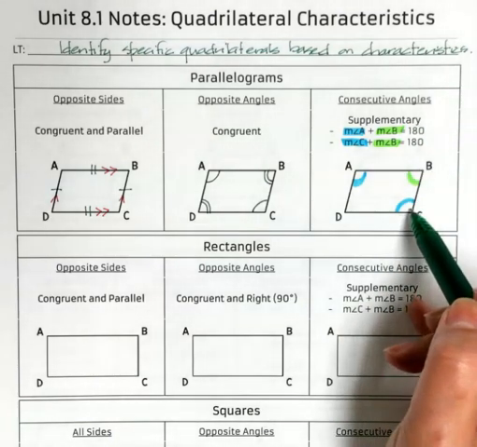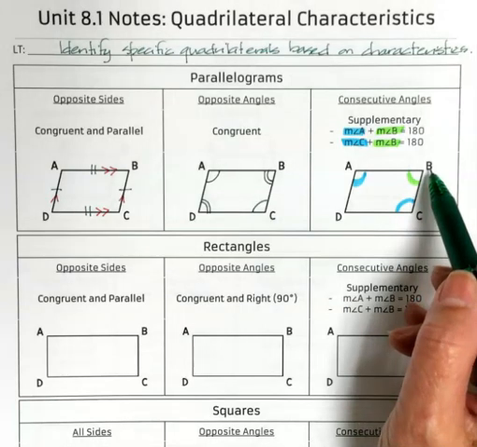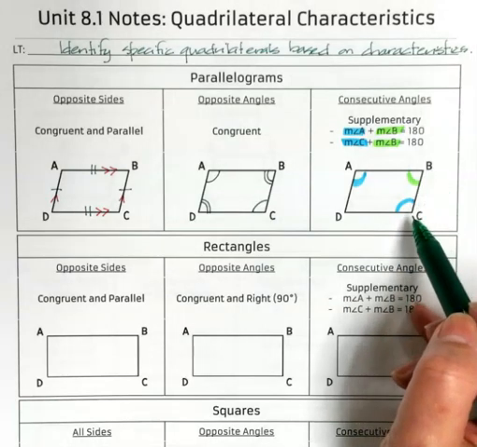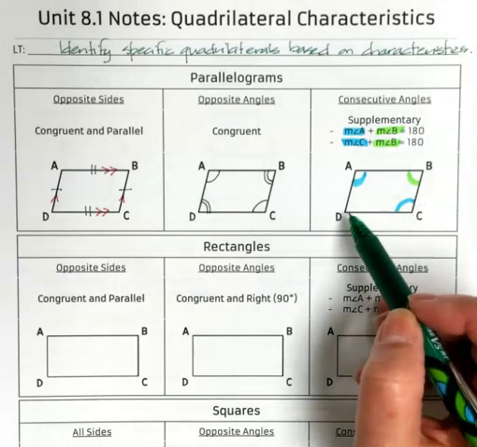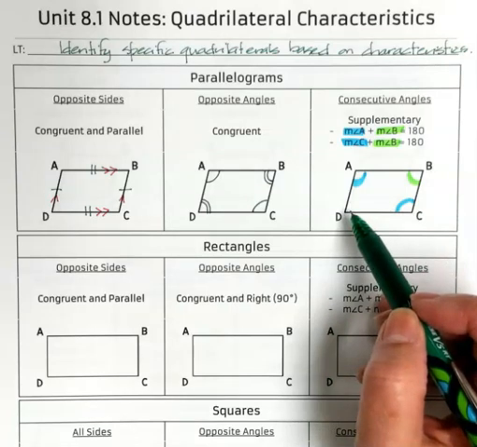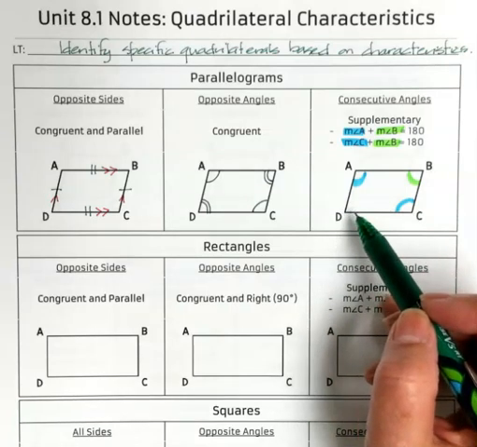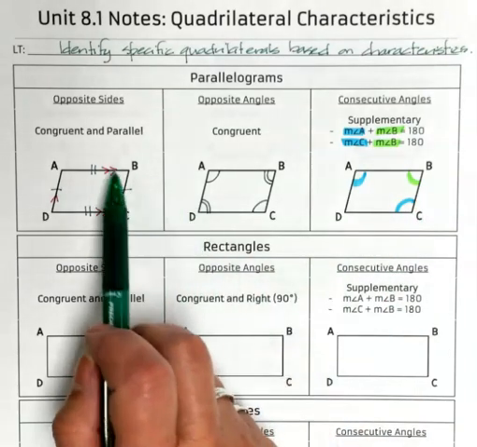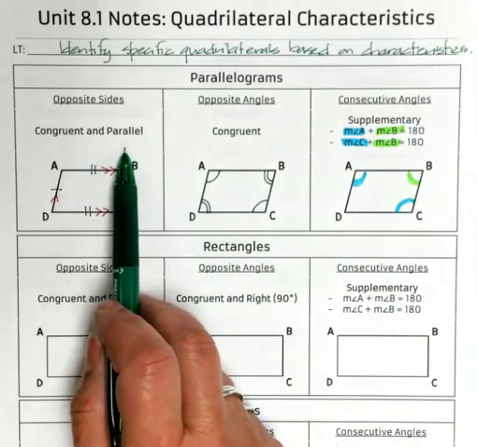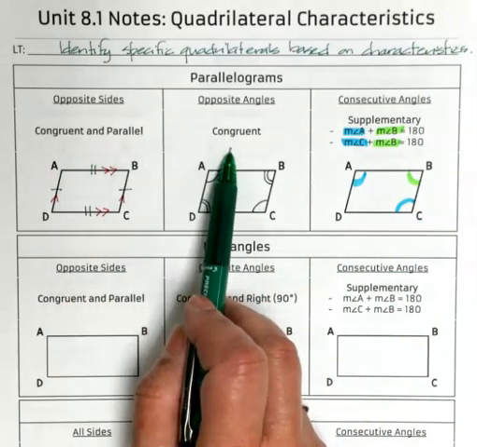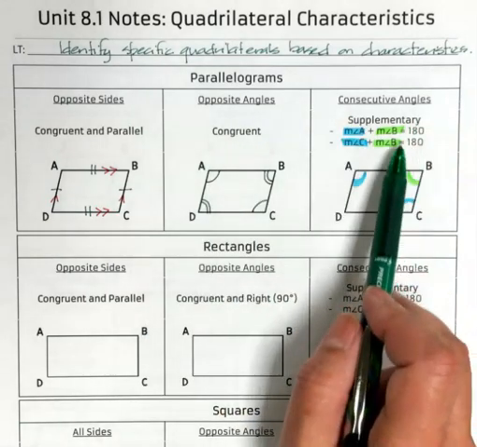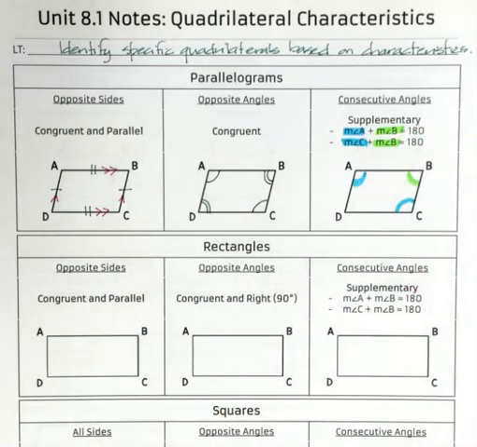And the measure of C plus the measure of B is 180. And we can continue going around the parallelogram. Measure of angle C plus the measure of angle D is 180. So those are the characteristics of parallelograms. Opposite sides, congruent and parallel. Opposite angles, congruent. Consecutive angles are supplementary.